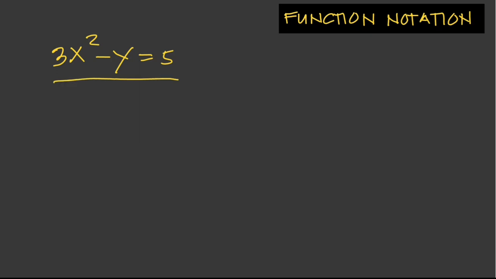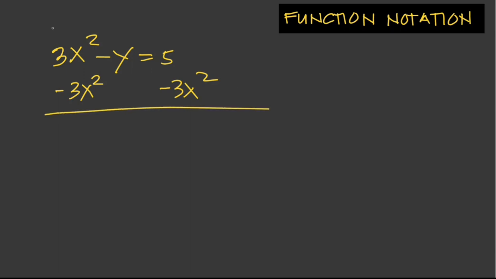All we have to do is solve the relation for y. We're interested in y, so we can subtract 3x squared from both sides. Minus 3x squared here and minus 3x squared, so this one cancels out. This is 0.